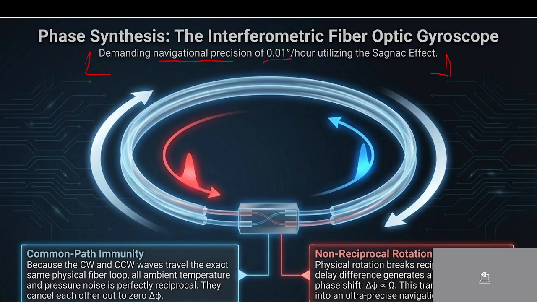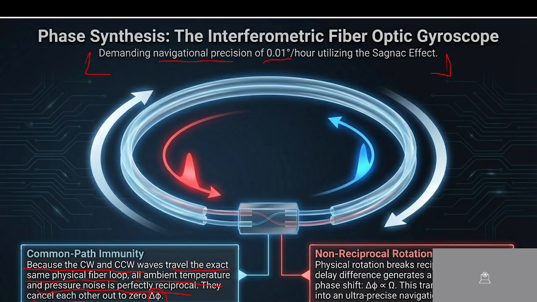The common path immunity is given here, because the CW and CCW (counterclockwise) waves travel the exact same physical fiber loop. All ambient temperature and pressure noise is perfectly reciprocal. They cancel each other out, so del phi is equal to 0.